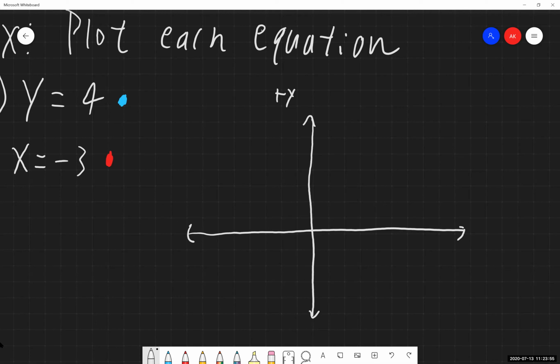Positive y, positive x. Okay. So we've got everything set up there for ourselves. We've got our axes set up. We've got them labeled. We've got them scaled. We know which direction is positive or negative on each of them.